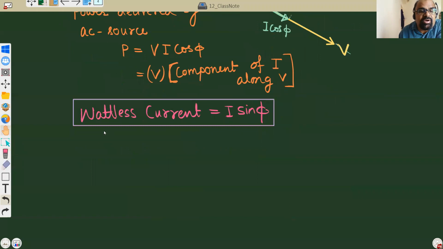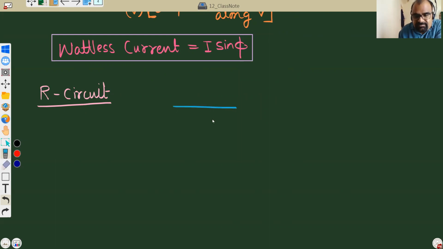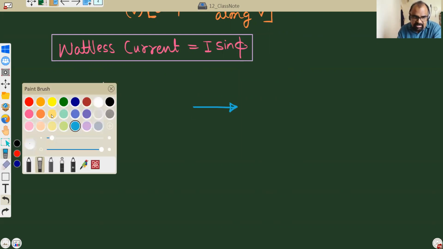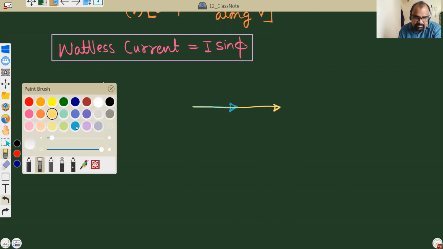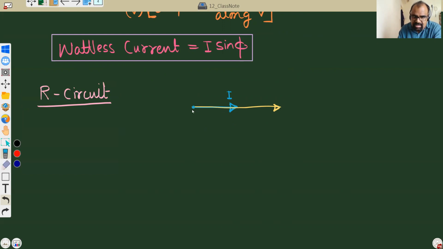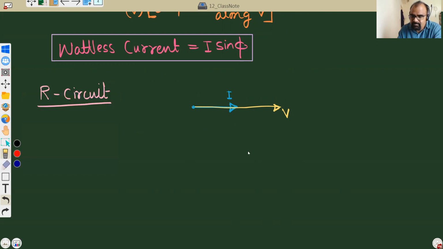Now we can look at various cases. For a purely resistive circuit, the current phasor and voltage phasor are in the same direction. So what is the wattless component of current here?